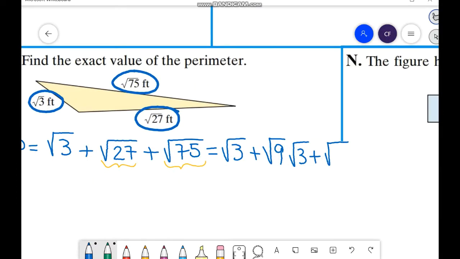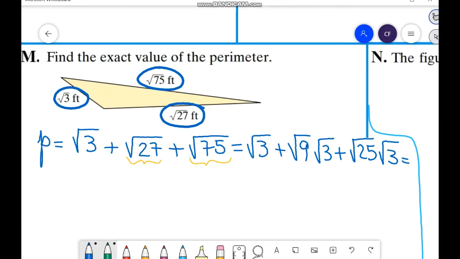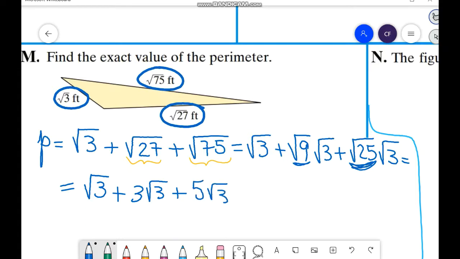You know that you can break down 75 as 25 times 3, right? That's excellent, because see, we have the square root of 3 plus the square root of 9, which is 3 times the square root of 3, plus the square root of 25, which is 5, square root of 3. And now we can identify the like radical.